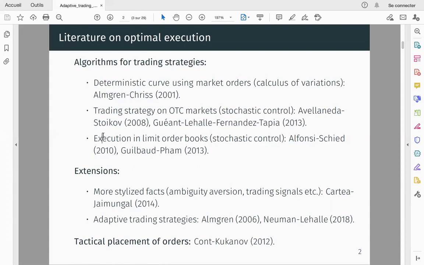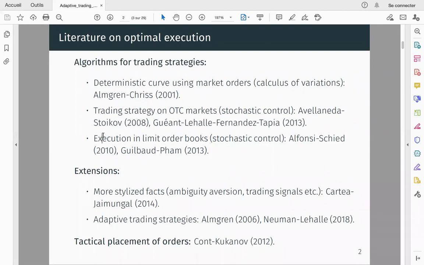The second group of models is based on the stochastic control approach. The work of Avellaneda and Stoikov formulates, on the market making side, one of the key problems of a trader, which is inventory risk. It is the trade-off between the frequency of execution and the price risk. For example, if you have a limit order away from the mid price, you will be executed at a better level, but with lower probability of being executed. And if the price moves against your order, you will not be executed and you will carry inventory risk.